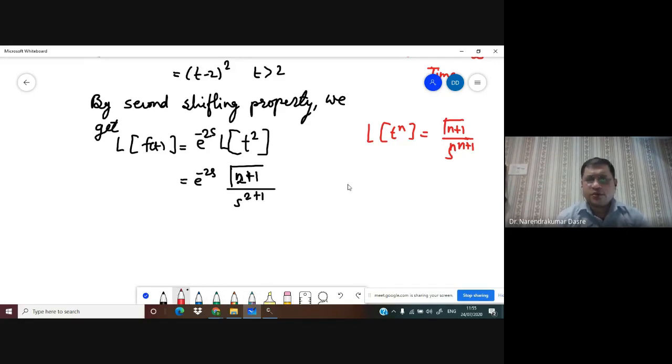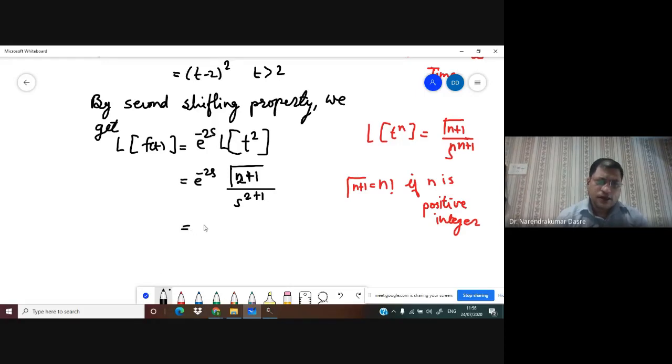We know the property of the gamma function, that gamma of n plus 1 is equal to n factorial, provided that n is a positive integer. The value of n is 2, so it is a positive integer, and hence I can write this as e raised to minus 2s into 2 factorial upon s cube.